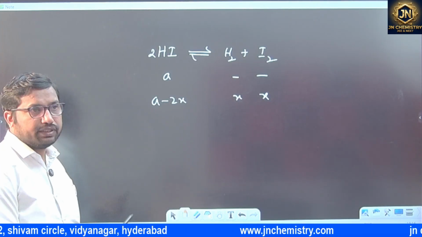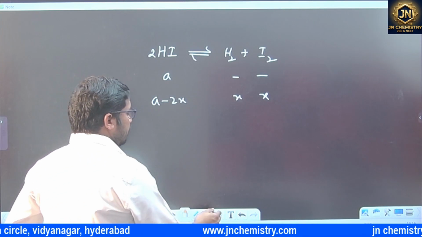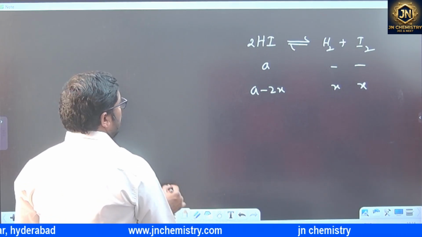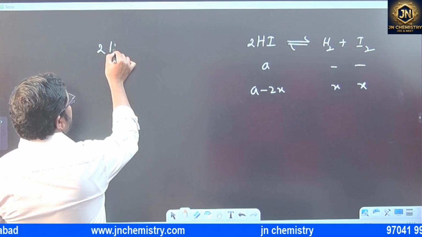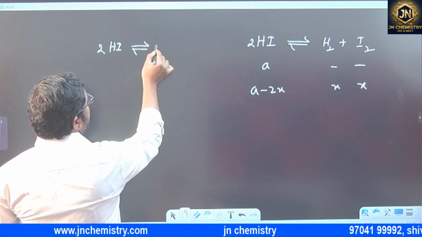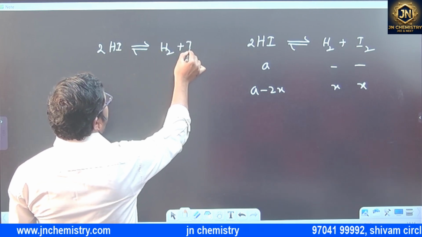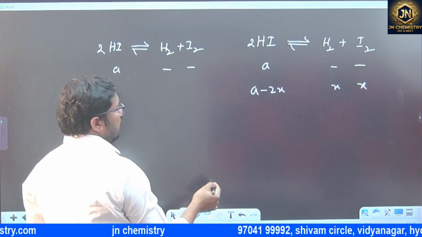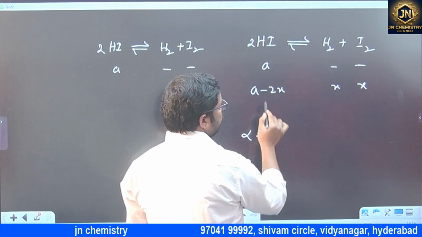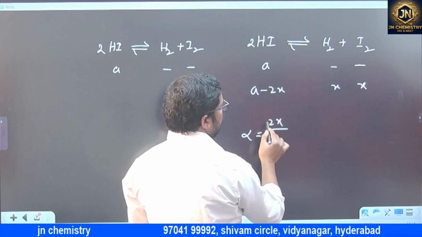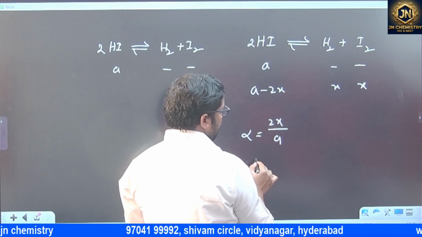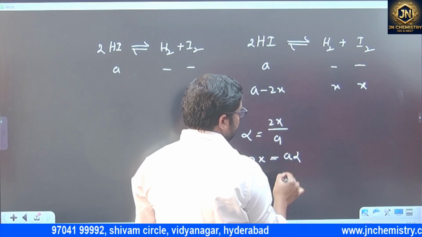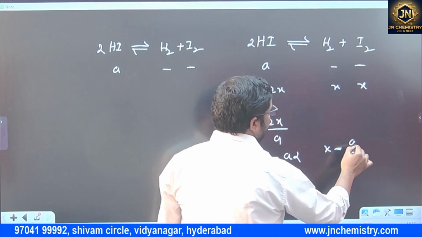Normally, the number of moles in terms of degree of dissociation, how will we do it? 2HI gives rise to H2 plus I2, initially A, 0, 0. Alpha is equal to the number of moles dissociated, 2x, by A. Alpha is equal to 2x by A, so 2x is A alpha, and x is A alpha by 2.